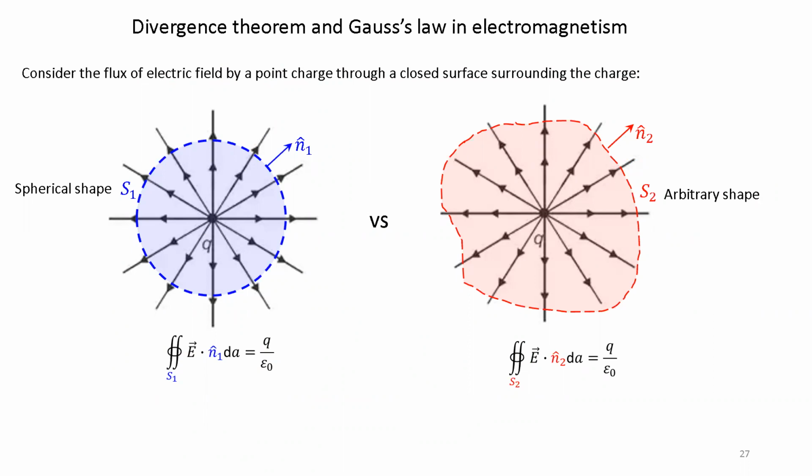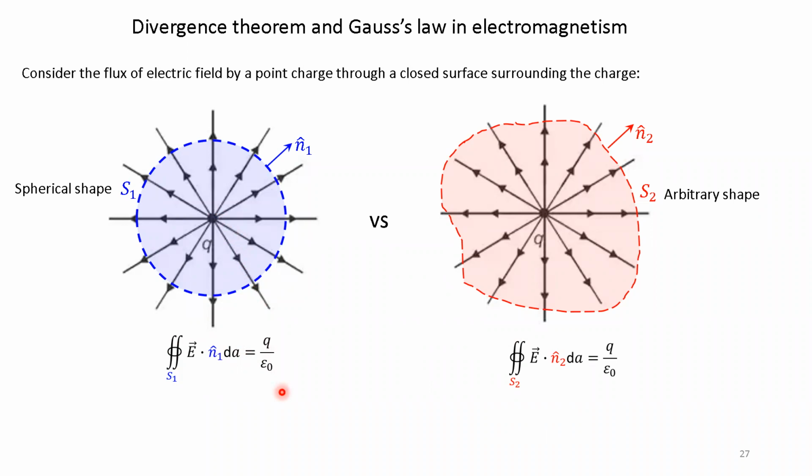So for Gauss's law. I'm sure that you have already learned Gauss's law in 2041. What Gauss's law tells you, considering just one point charge, is that if I construct a closed surface around this point charge, then the flux of the electric field is equal to the amount of charge enclosed divided by epsilon naught.